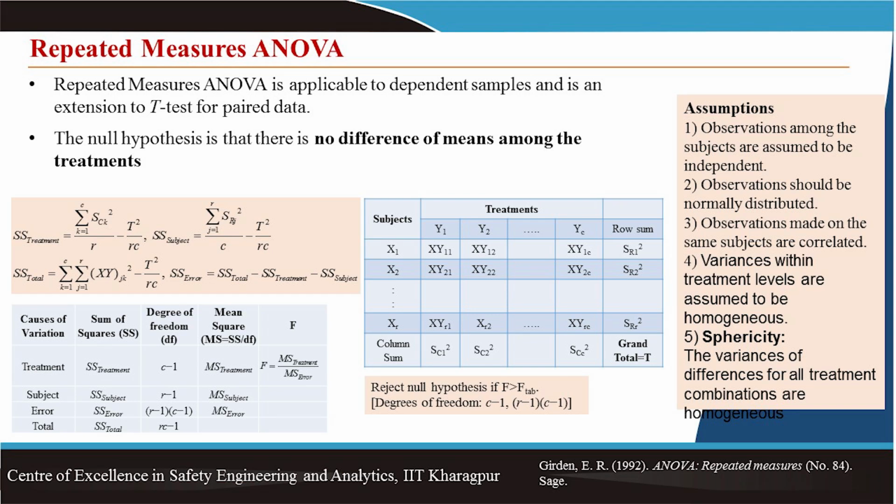So, here k varies from 1 to c, because we have c treatments, and the k-th column sum is SCK, squared. If you want to use the square here, then you have to write row sum square, also column sum square. So, that particular square term will come: the sum of column sum squares, divided by r. What is r? How many rows are there?